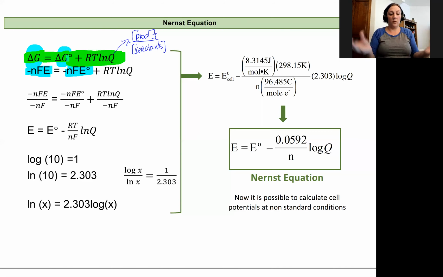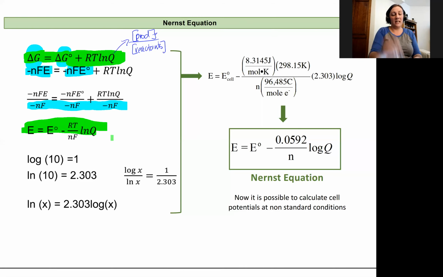And then we're dividing everything by the negative number of moles for the balanced reaction and Faraday's constant. And we can rearrange that into this equation that relates the cell potential at non-standard conditions to the standard cell potential minus RT divided by nF, natural log of our reaction quotient, Q.